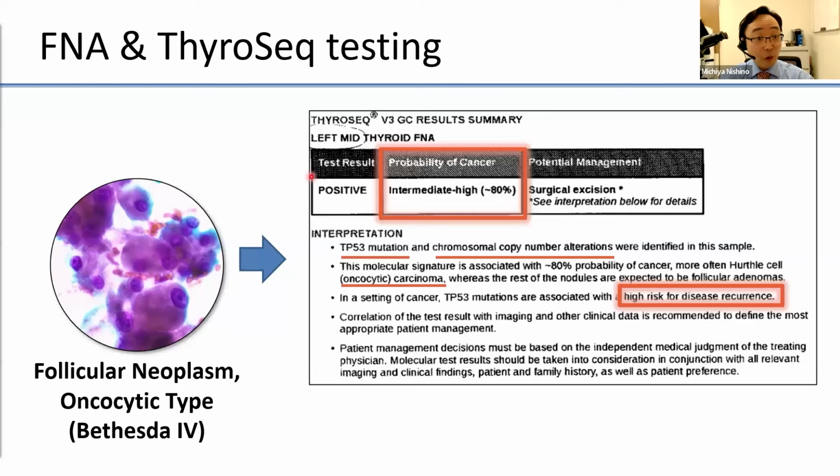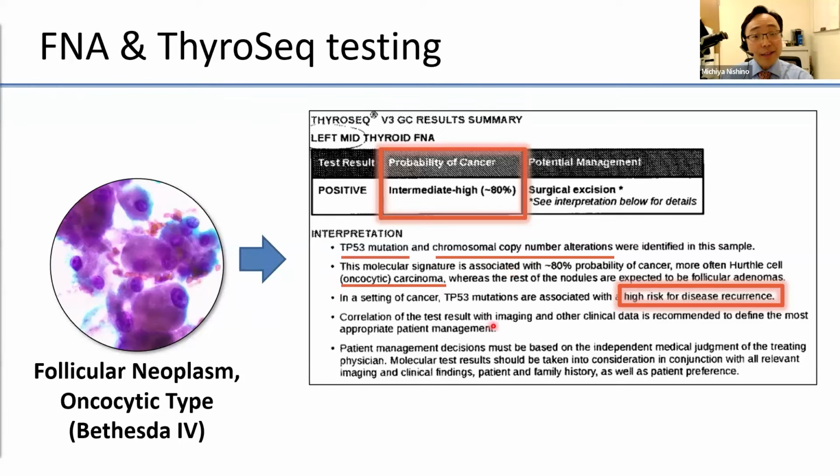Molecular testing was performed, this time with ThyroSeq, and it revealed a p53 mutation in addition to chromosomal copy number alterations. And these changes were interpreted by ThyroSeq's molecular pathologists as having about an 80% probability of cancer, with the findings most likely representing oncocytic carcinoma based on these copy number alterations.